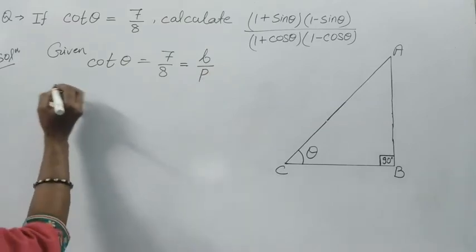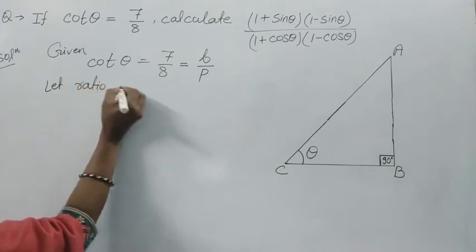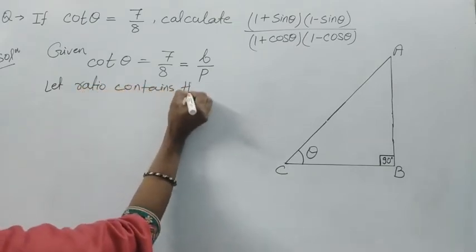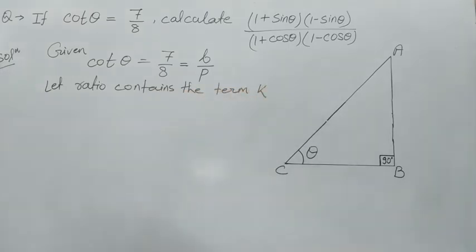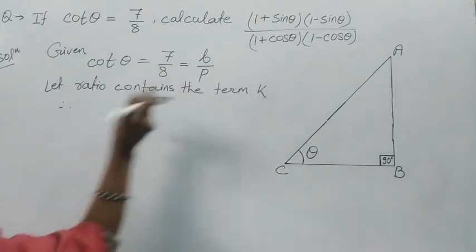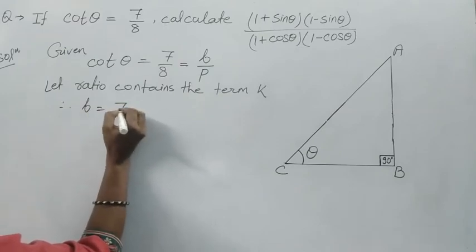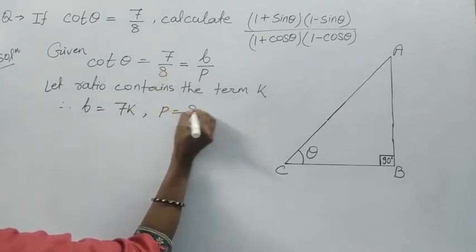So here again we consider the ratio contains the term k. Therefore, base is equal to 7k and perpendicular is equal to 8k.